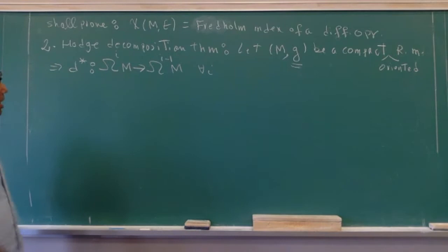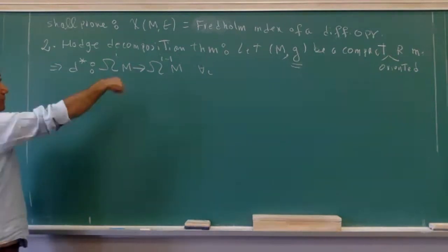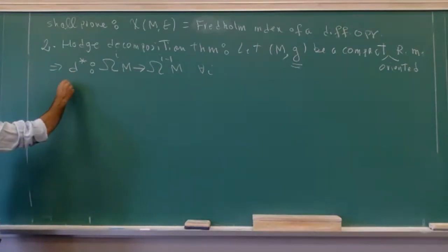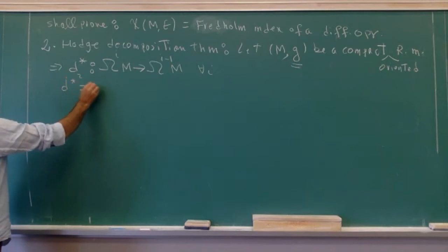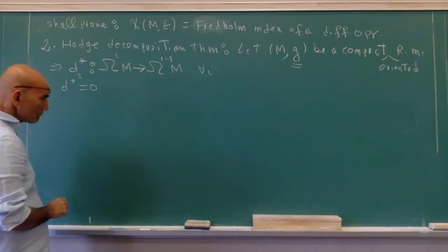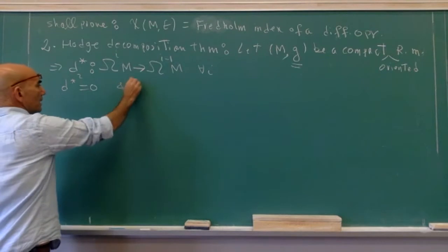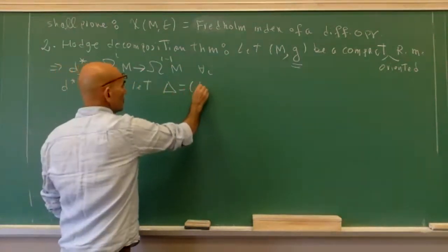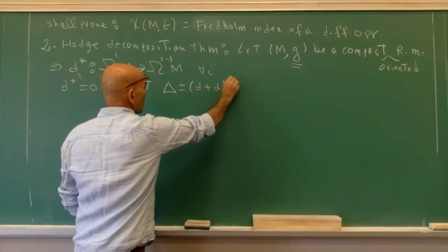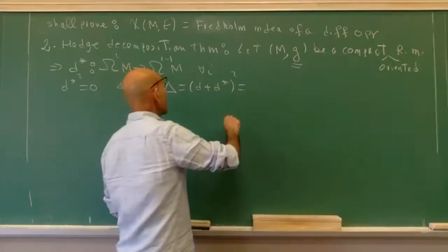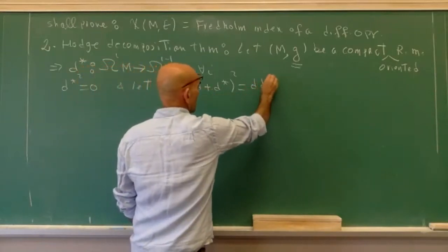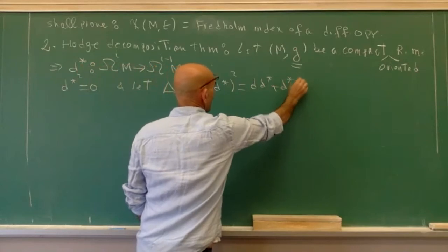So this star is the adjoint in an appropriate sense of d. It satisfies the condition that d star squared is equal to 0. And let delta be equal to (d plus d star) squared. Since d squared and d star squared are 0, this is d d star plus d star d, right?